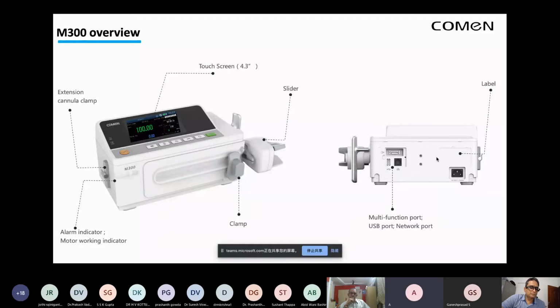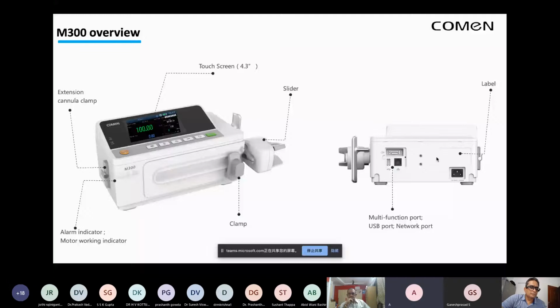So it is very easy to view and see the parameters, and very easy to operate. Based on this screen, the operation becomes much more convenient for us. The outside design makes it very easy to fix the syringe and very easy to move, so it is convenient for operations.